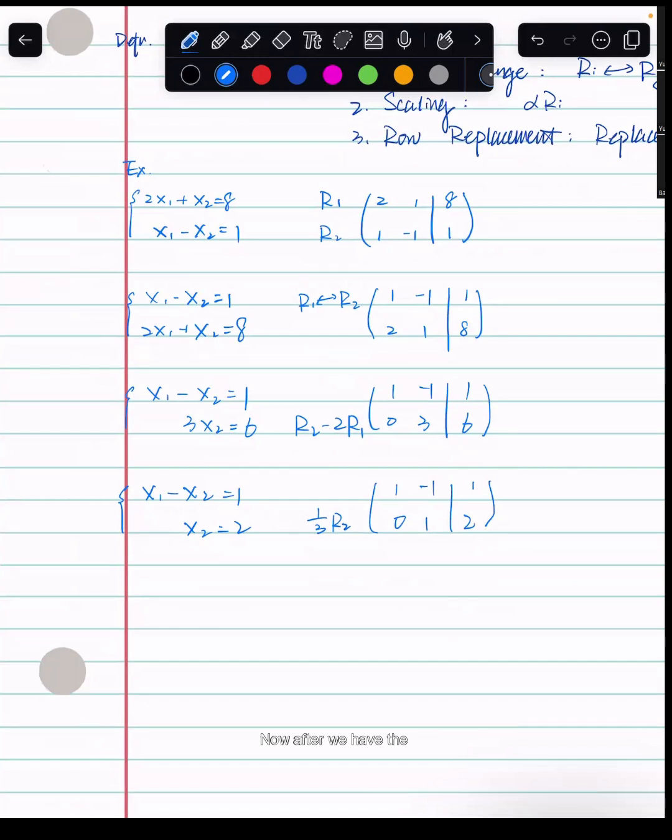Now, after we have our x2, we can add row 1 and row 2 to solve for x1. After addition we have x1 equals 3.